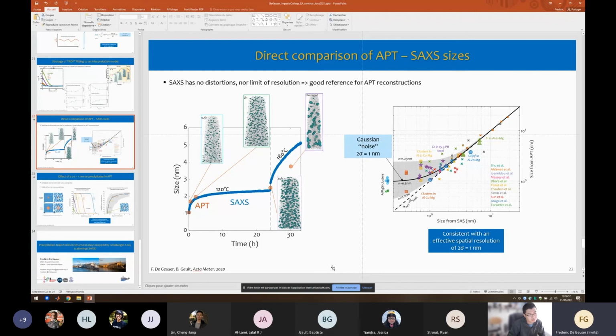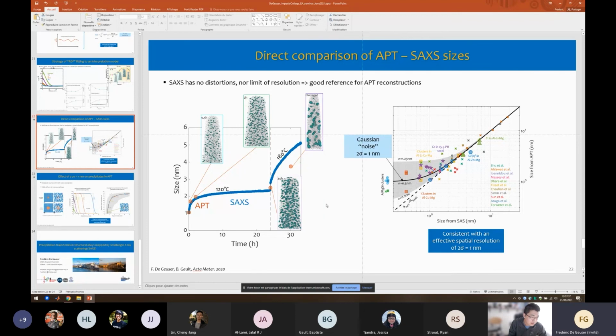When you have a very large data set with many precipitates and you interpret it as a whole, the effective spatial resolution of the whole system is dominated not by the very good depth spatial resolution of atom probe, but by the less good lateral spatial resolution. So in 3D, the dominating spatial resolution of atom probe is the one that is less good, which is the lateral spatial resolution.